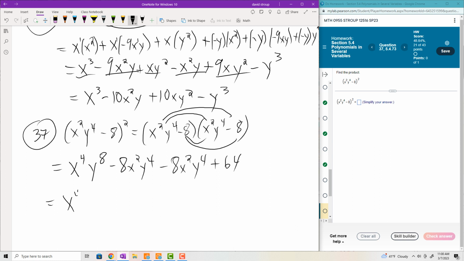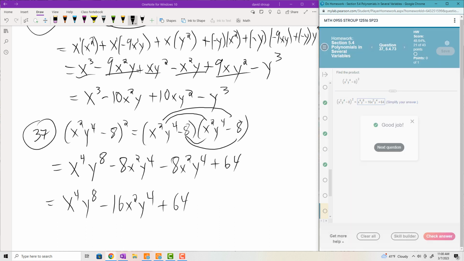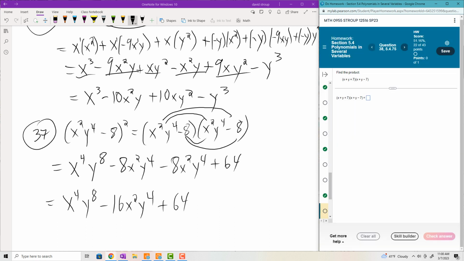So I'm going to get x to the fourth y to the eighth, minus 16x squared y to the fourth, and then plus 64. So we should be getting plenty of practice, which is good.